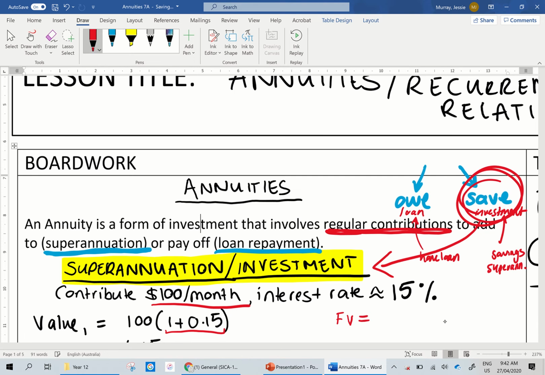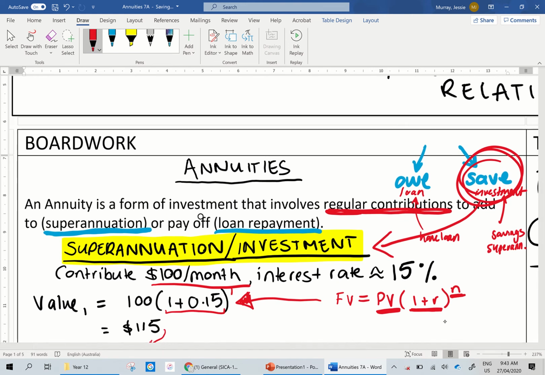I've set it out in the exact same way if you prefer to think of it as that. All I've got is my present value is $100, 1 plus my interest rate, and the number of the month we're up to, which is 1. So all I've done is substitute into that compound interest formula, which means that at the end of the first month, when you put this into your calculator, I have $115. So it started as $100, it made 15% interest, now it's $115.